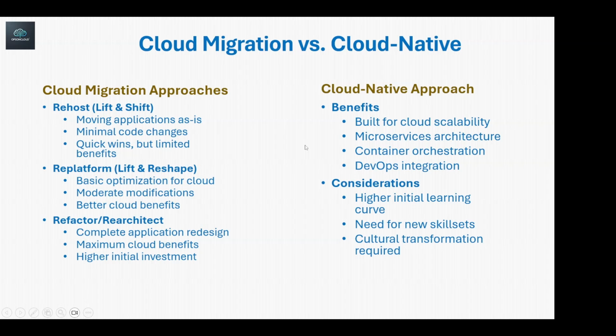And you will have a re-platform as well, also known as lift and reshape. Here you do a basic optimization for the cloud, with moderate modifications, and you will have better cloud benefits.